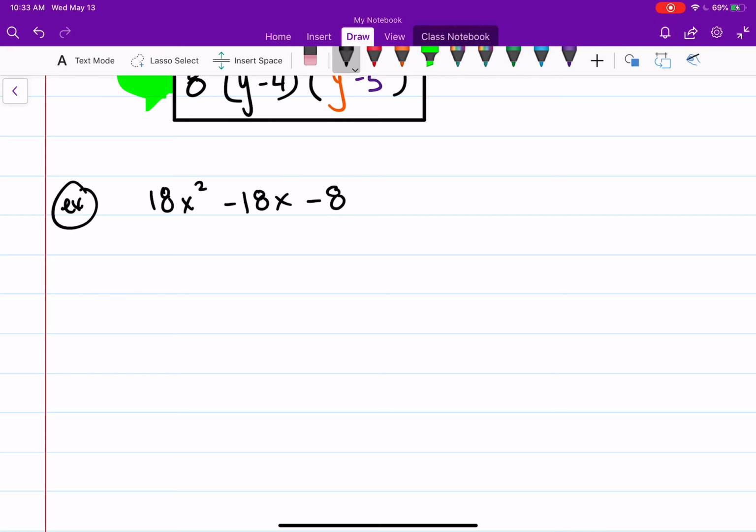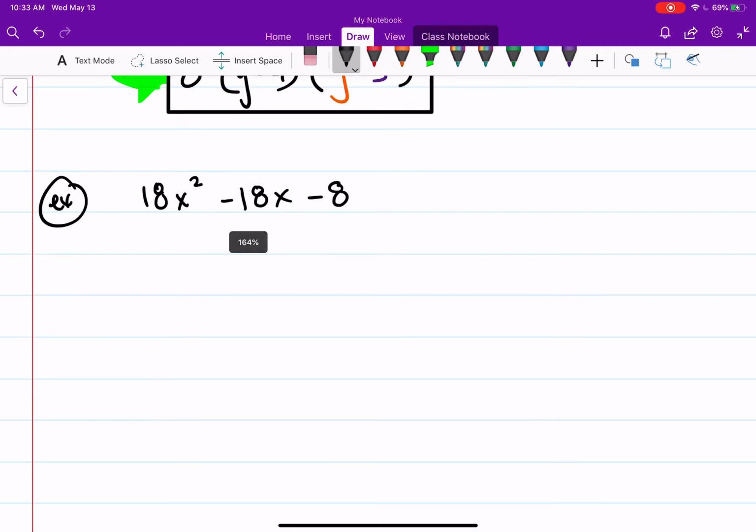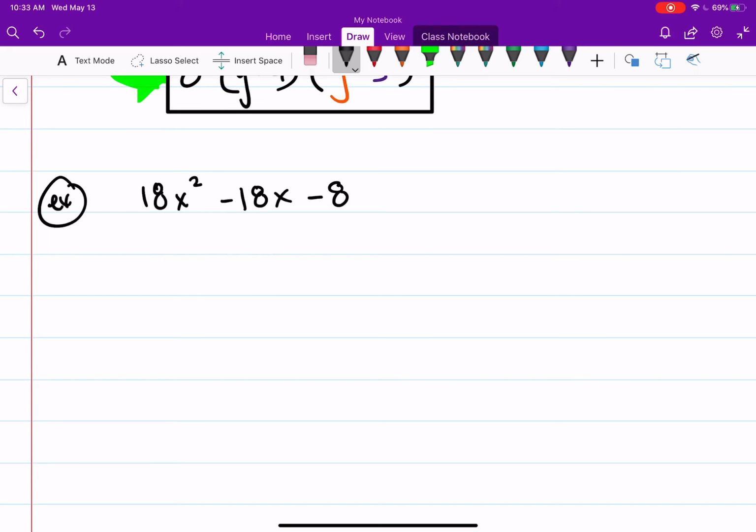So what you notice is that all 3 of these are even, so you might not need to break them down. You might be able to say, let's try just 2 as a GCF. If I took out 2, then I have 9x squared minus 9x minus 4. Is there anything else that can go into 4, 9, and 9? The answer is no. So you actually got the right GCF, okay?